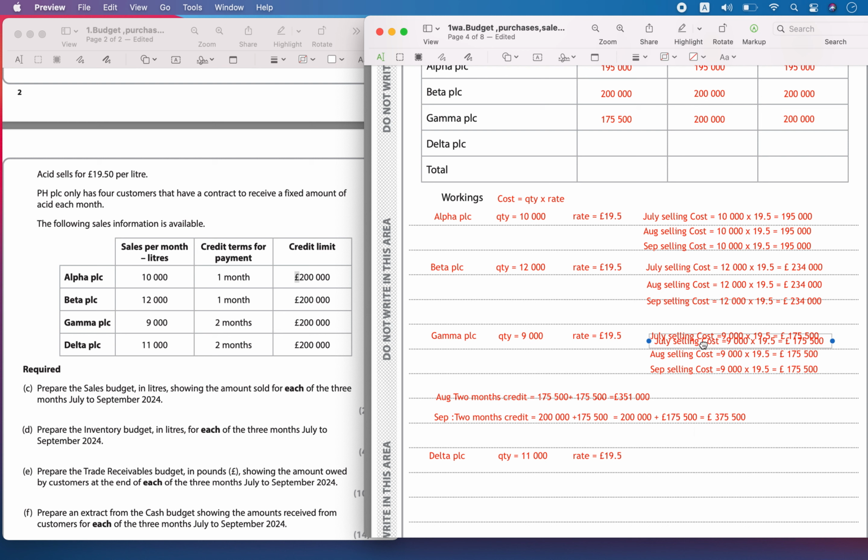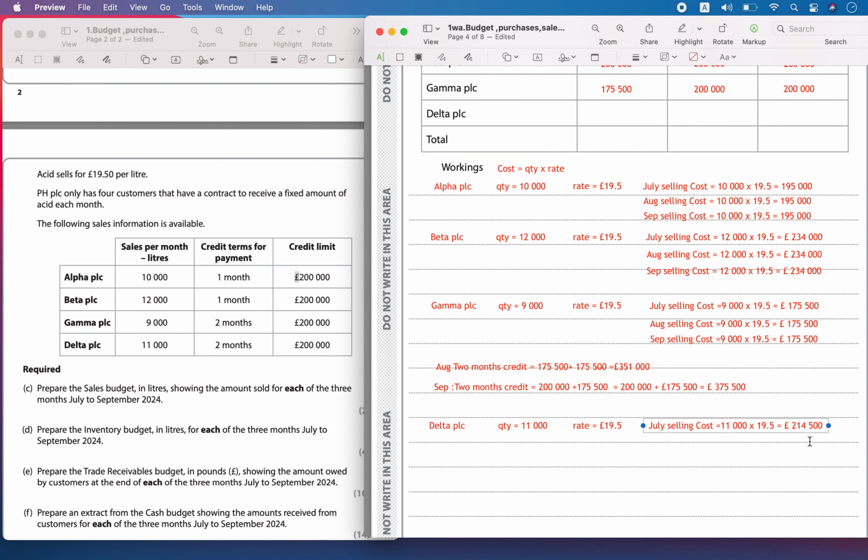So let's calculate the selling value, the revenue earned by the business in the month of July from Delta. So 11,000 times 19.5 should be equal to 214,500. So they should have ended up paying 214,500, but the maximum allowed is only 200,000 in books.